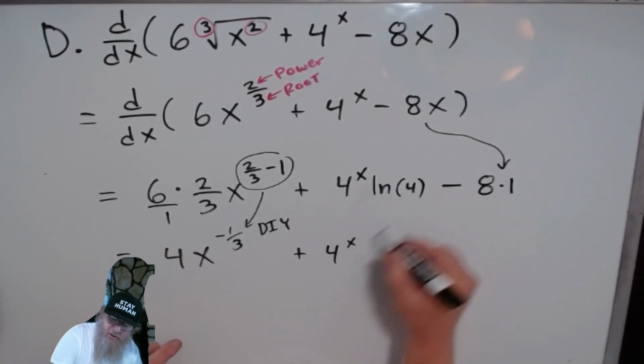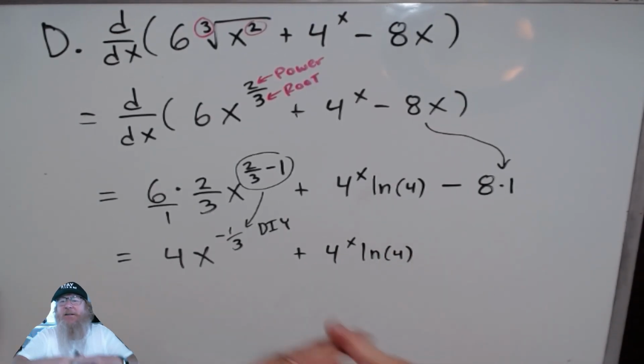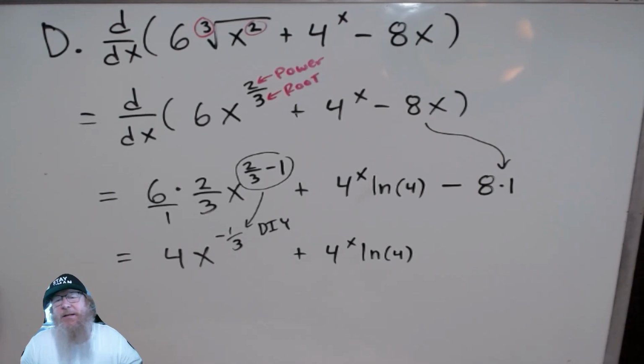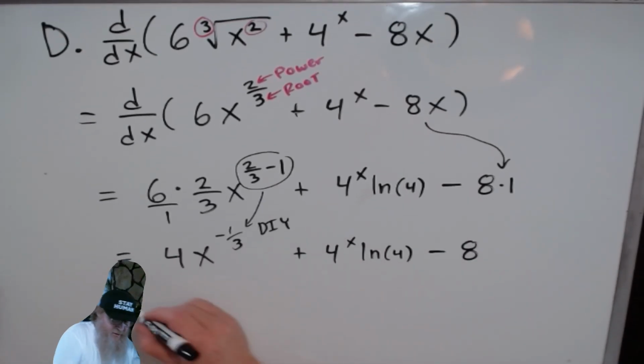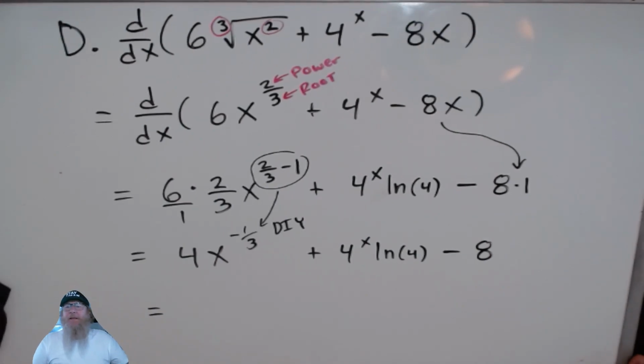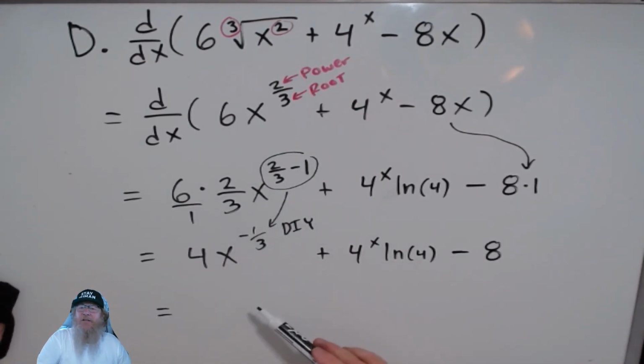There's not much you can do with the natural log here. If you put that into your calculator, you would get a big decimal and it would not be simple. So if we're trying to simplify this, that's as good as it gets. Then you can simplify 8 times 1 and just do 8. So the only real simplification happens in this first term.